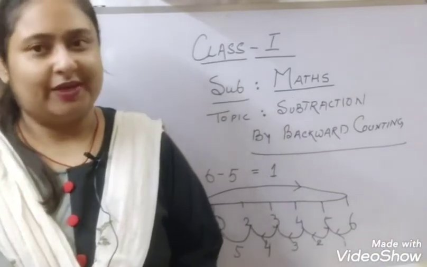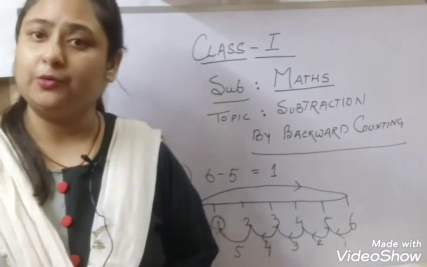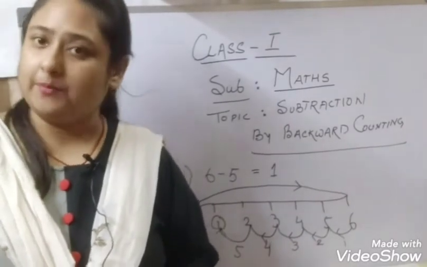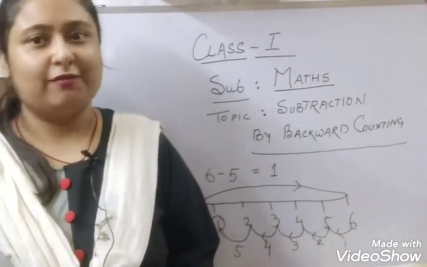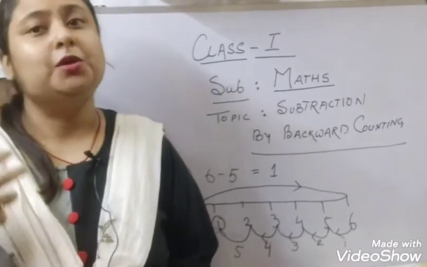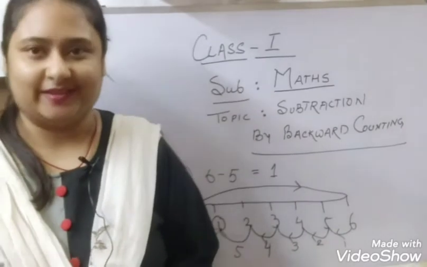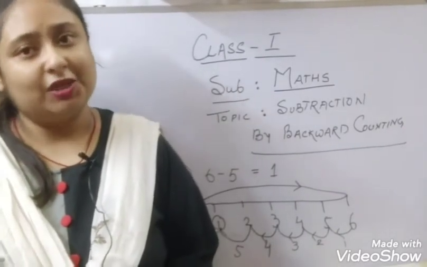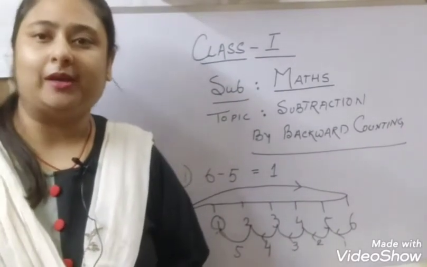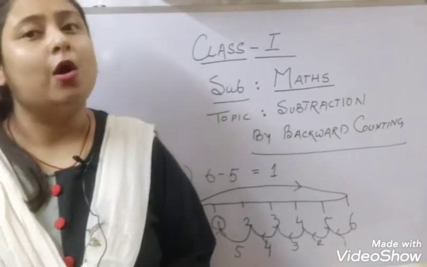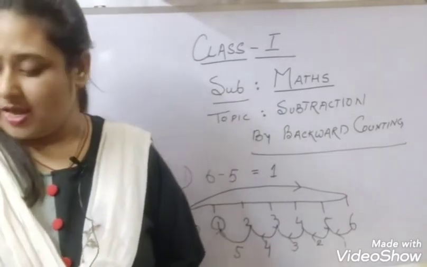Now children, when we know how to count backwards on the number line, let's just find out how to count backwards on our fingers. So children, we will be performing a new sum on our fingers.